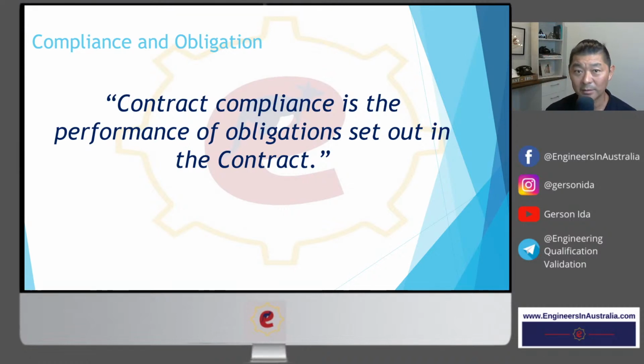If you are the principal or the client, you will also have a lot of obligations as well. So you have to pay attention, because the obligations set out in the contract, you need to do them to be compliant.